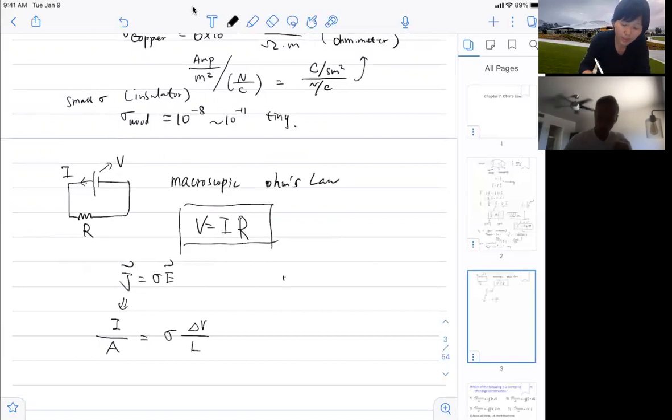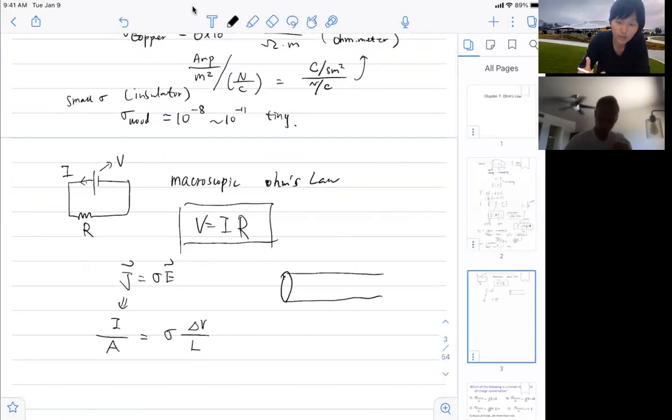So if you're looking at inside this resistor, I'm just going to draw the resistor a little bit more dramatic. There's a cross section A and a total length of L. And there's a current running through it, and there's also a potential difference across the resistor.